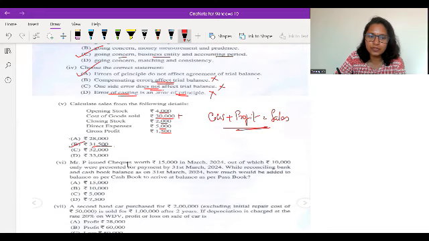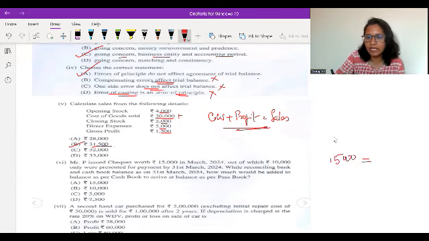Mr. P issued checks worth 15,000 in March 2024, out of which 10,000 were only presented. While reconciling the bank and cash book, how much should be added as per cash book to arrive at balance as per passbook? So we have issued 15,000.